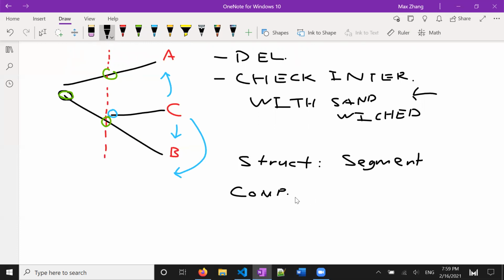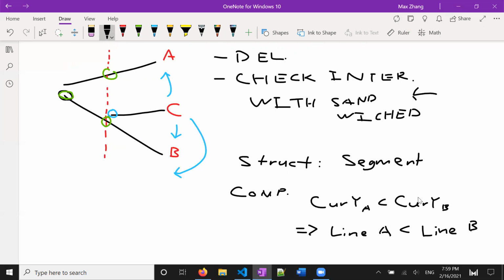The comparator will be defined using the current y value, which is different from the y value of when it was inserted. So the current y value of A being less than the current y value of B means that line A goes below line B, or I'll say less than, if we consider that as below.